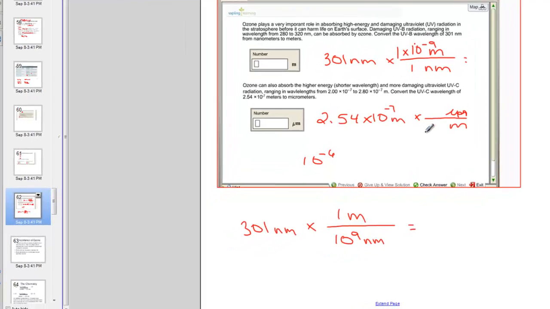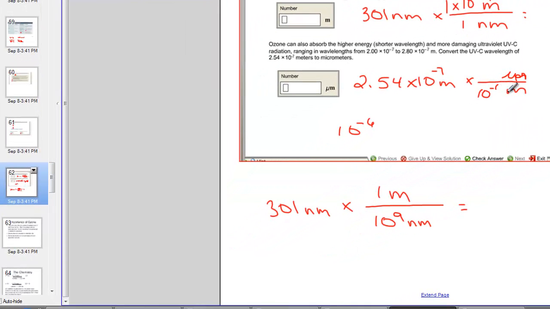So I would have 10 to the -6 meters equating to 1 micrometer. I can convert that out and land at a micrometer. Meters have canceled when I divide there. And I'll let you hit that for your Sapling.